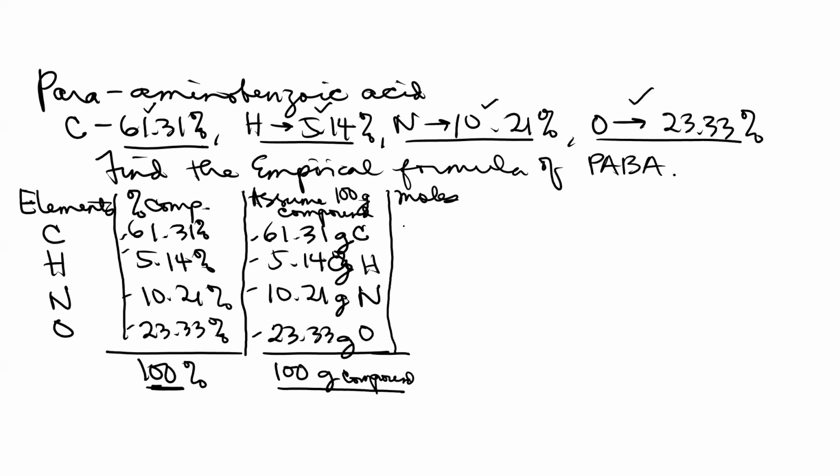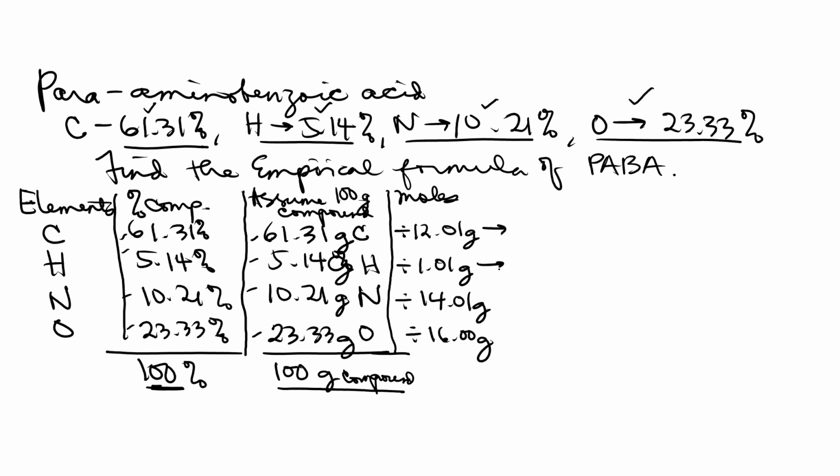So how do we do that? We divide that by the molar masses of each of the elements. So we know carbon's molar mass is 12.01 grams, hydrogen 1.01 gram, nitrogen 14.01 grams, and oxygen 16 grams, right?